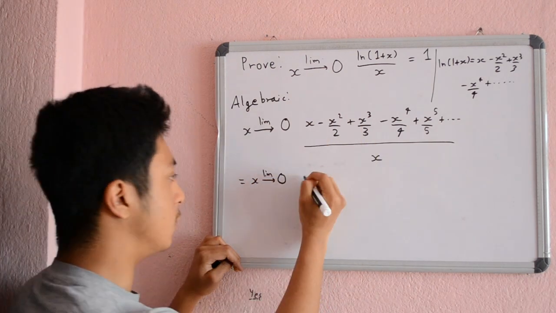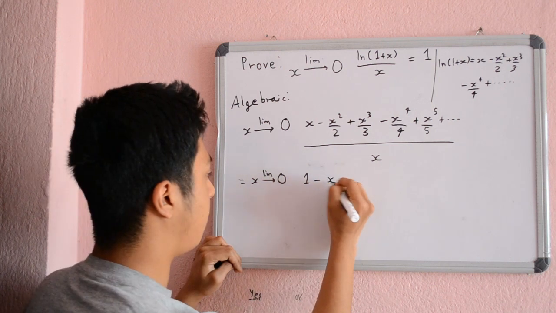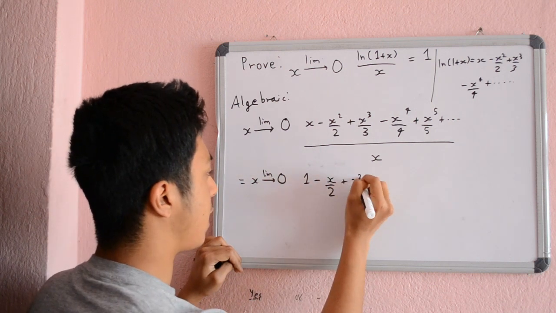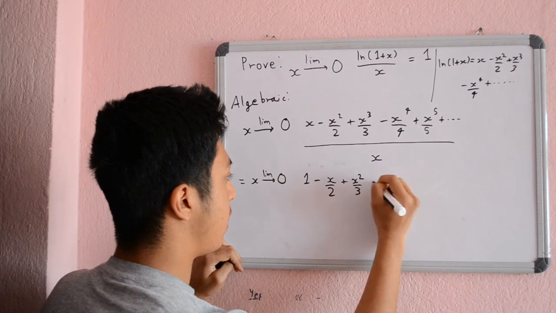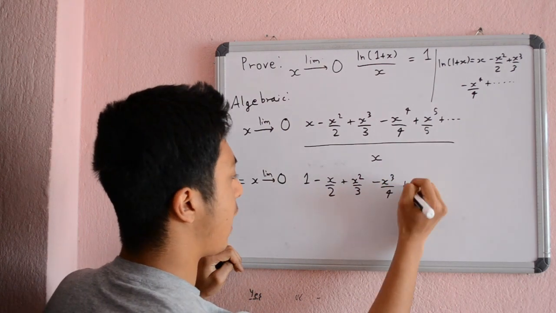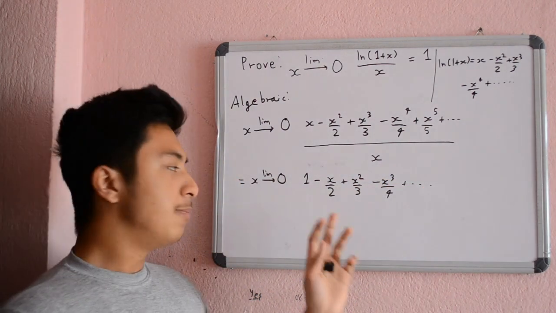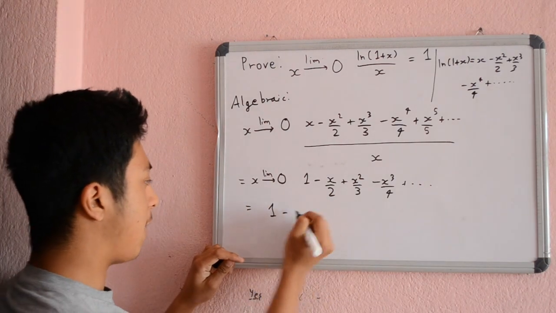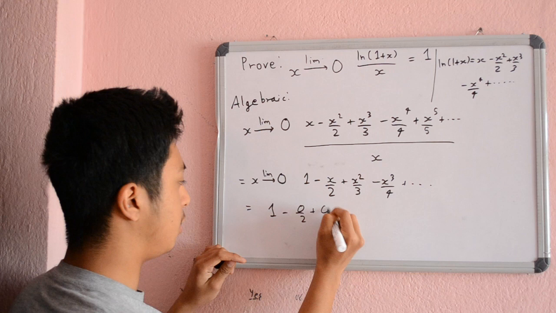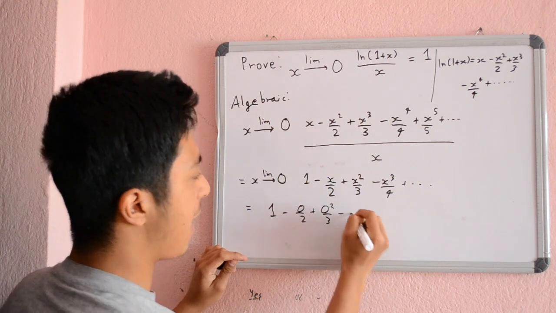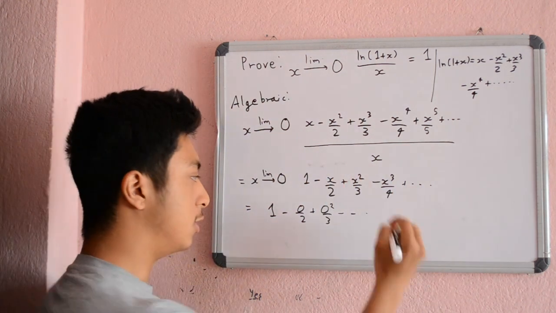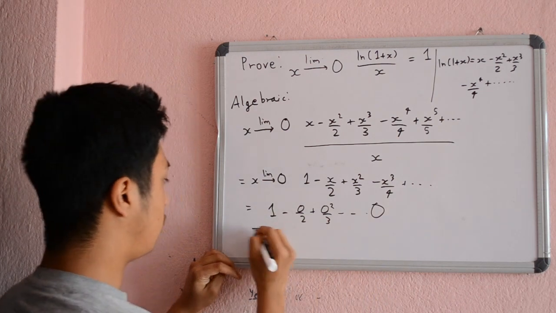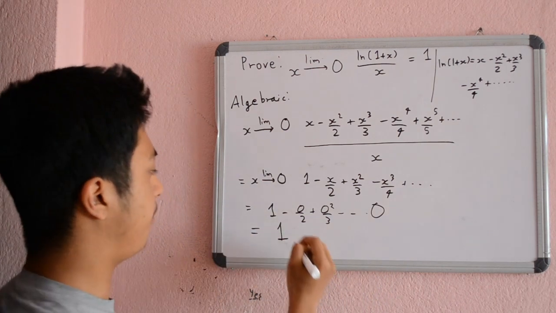So this becomes 1, this becomes x/2, that becomes x^2/3, x^3/4 and so on. And simply put the limit in, and what you'll get is 1 - 0/2 + 0^2/3, and as you can see, all of the terms will just be 0. So in the end, you'll just get 1.